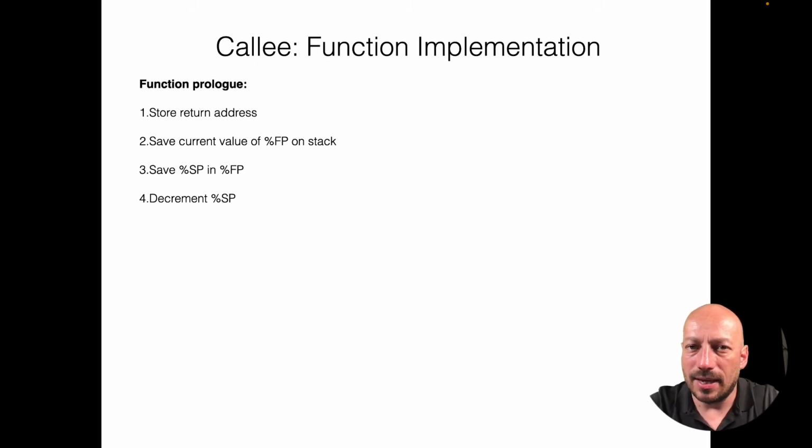And you will see that except for this decrementation of the stack pointer, this block of code is always the same. Only the decrementation of the stack pointer depends on the number of local variables and the size of these local variables. And after this prologue, the function body begins.